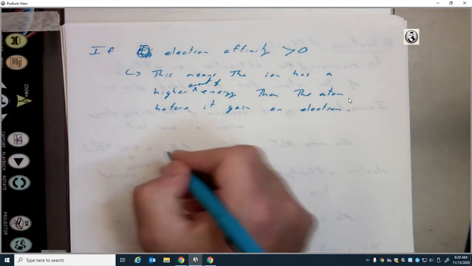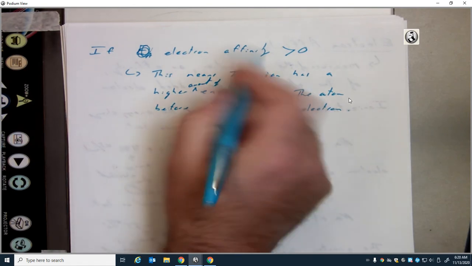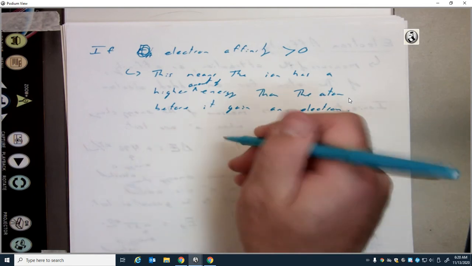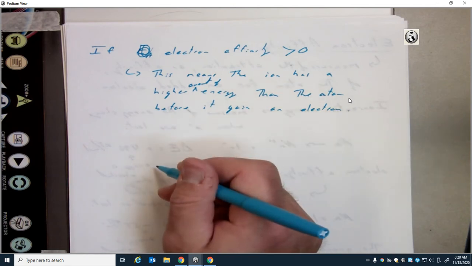So if an atom gains an electron and its electron affinity is greater than 0, that means the ion has more energy than the atom.